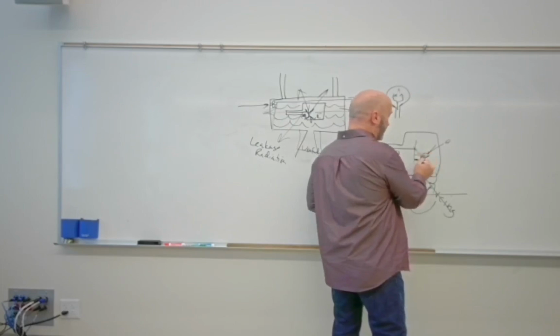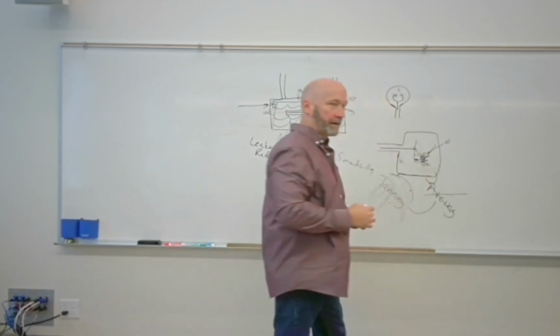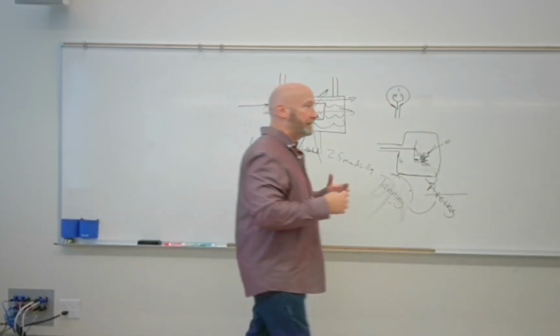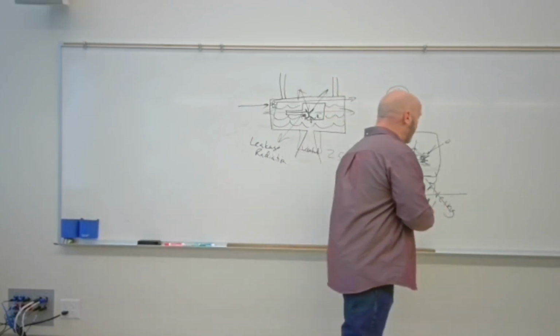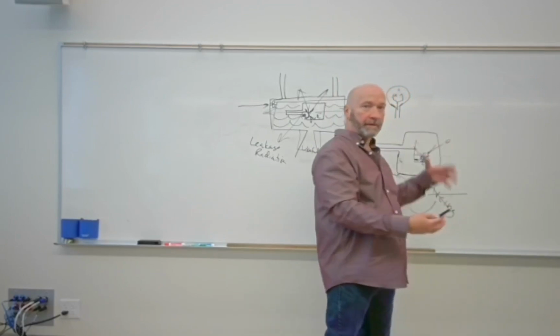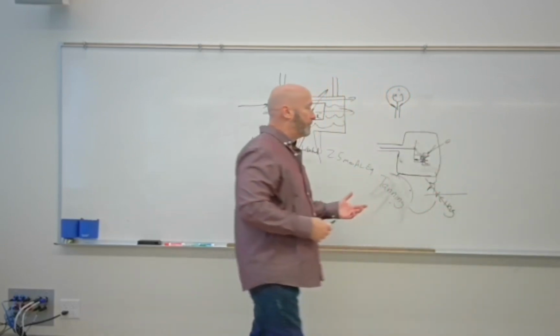So they're going to impact just where we want them to impact on the target area. So if the focusing cup fails, then we're back to that situation where the electrons go everywhere.